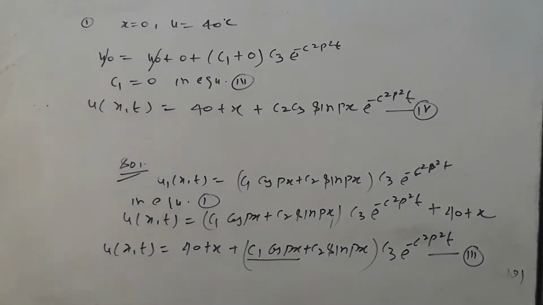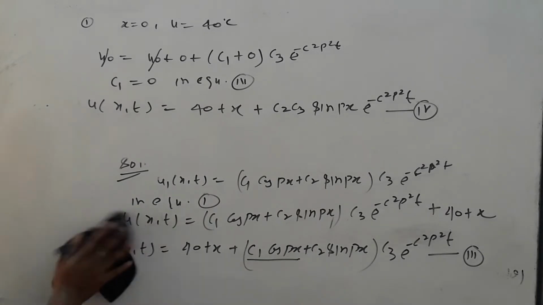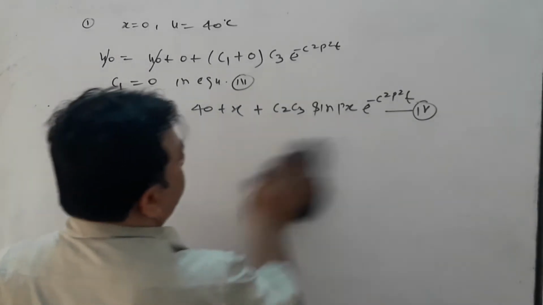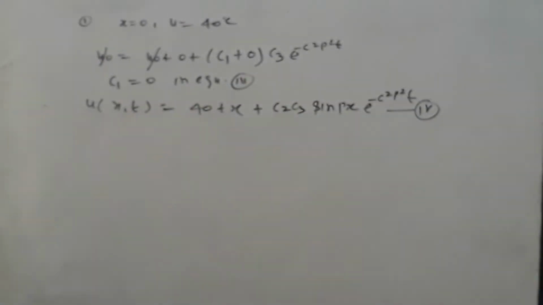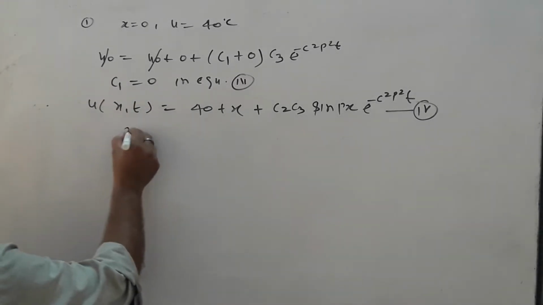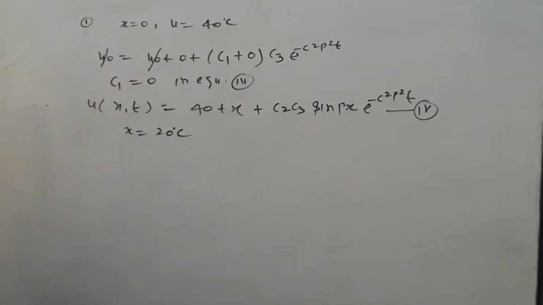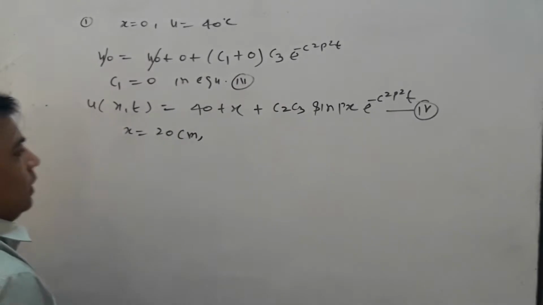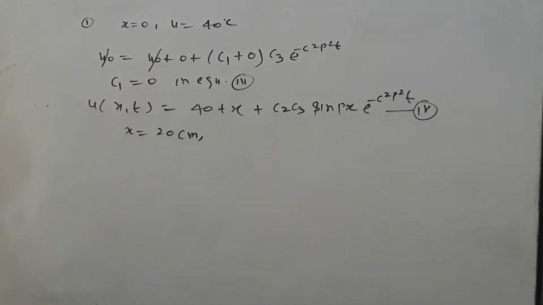Now we apply the next condition. The second condition is x equal to 20 centimeter, the length is 20 centimeter, and the temperature is 60 degree centigrade.